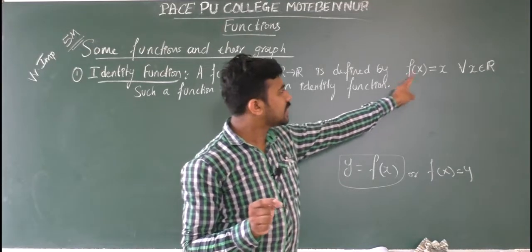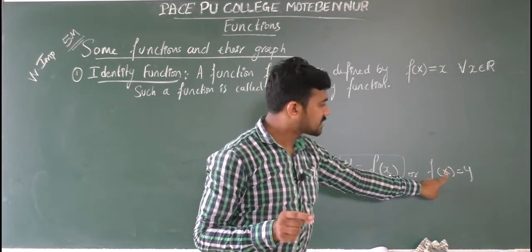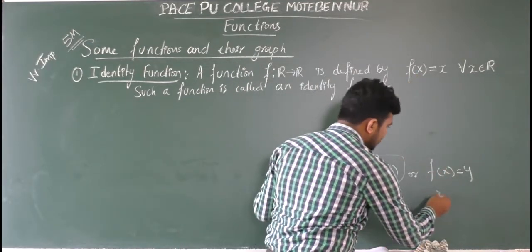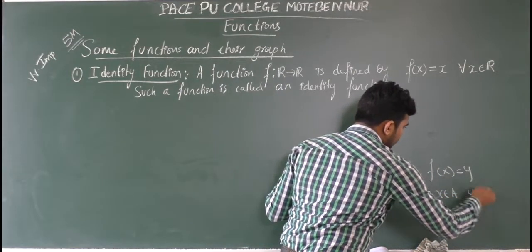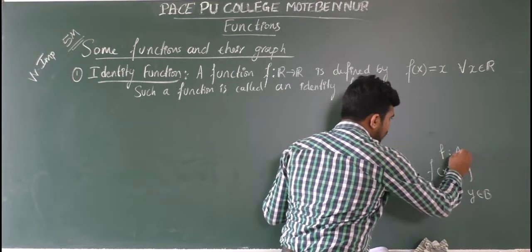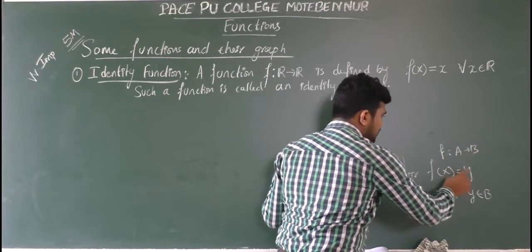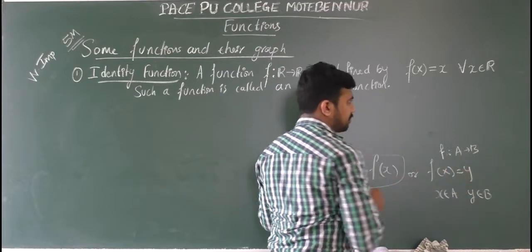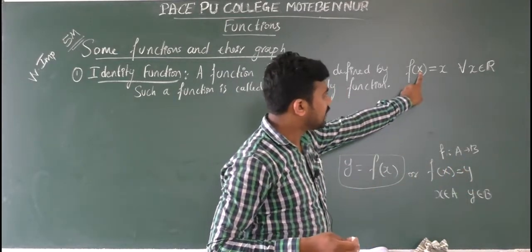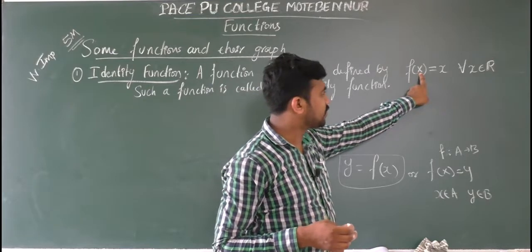Here x is an element of the domain, and y is an element of the codomain. If you consider a function f from A to B and write f of x is equal to y, then x belongs to A and y belongs to B. So the element you take lies in the domain.